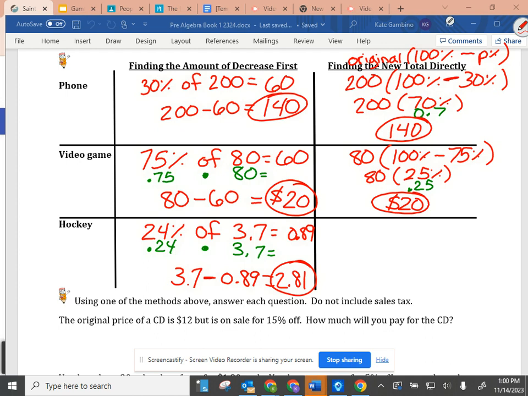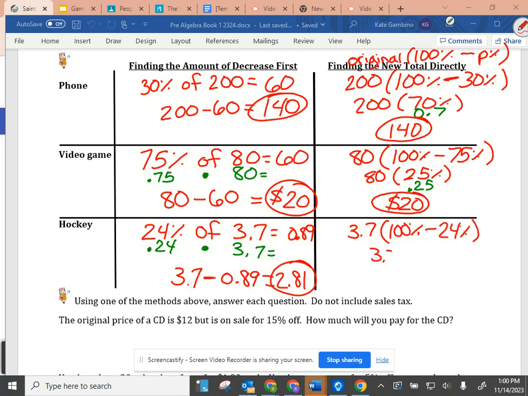And my last one, my hockey goals. What is my original number of goals? Jude? 3.7. I'm going to multiply that by 100% minus, we want to decrease by 24%.